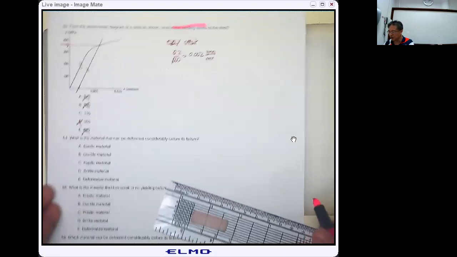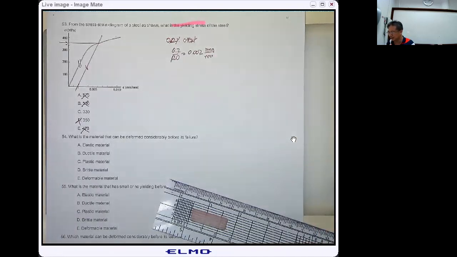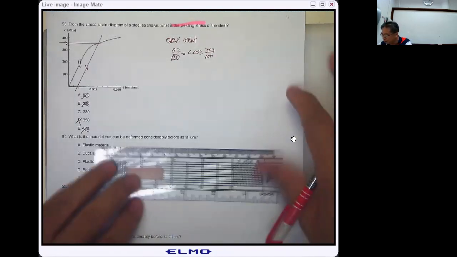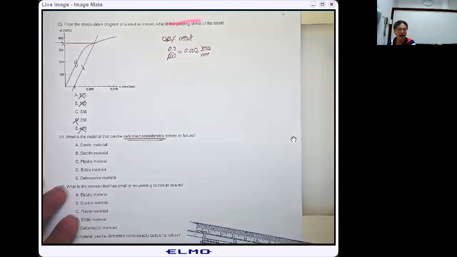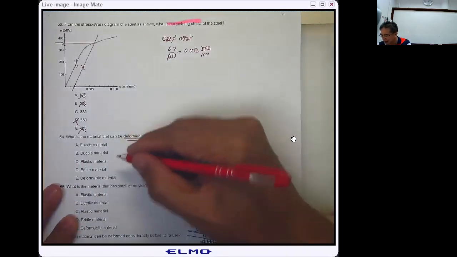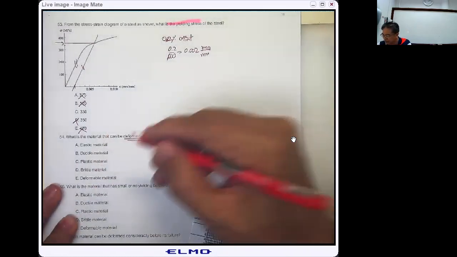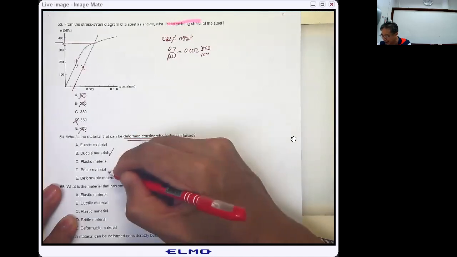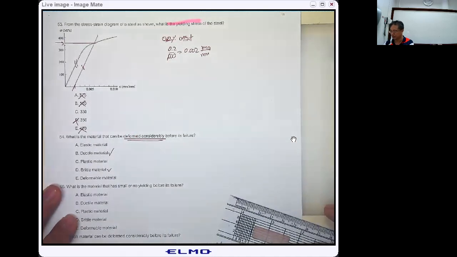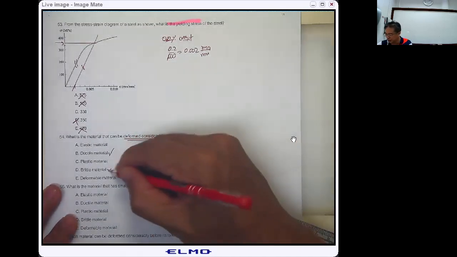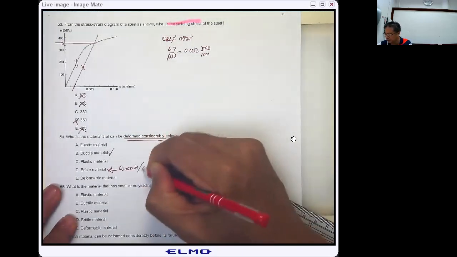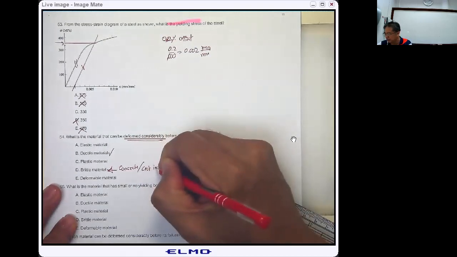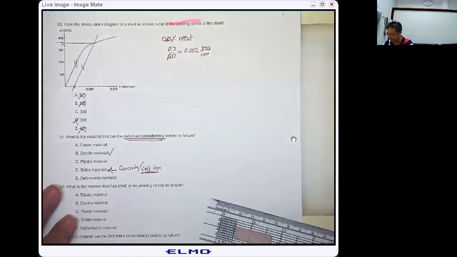Okay, and then what is the material that can be deformed considerably, deformed a lot before the failure? There are two types of material, the ductile and the brittle material. The brittle material, such as concrete or cast iron, when subjected to tension, can fail abruptly.